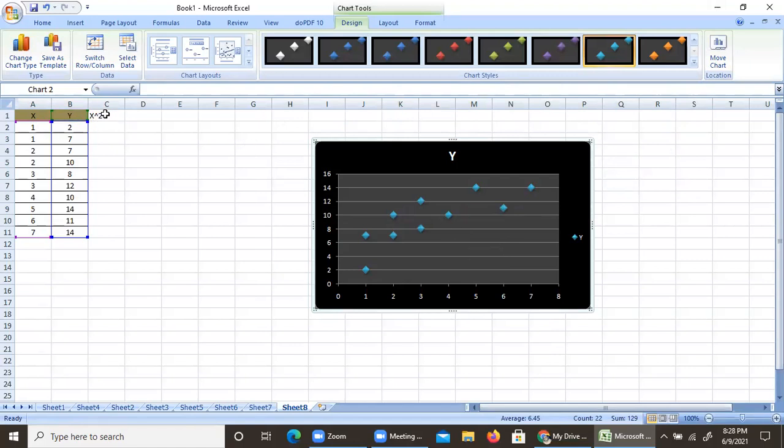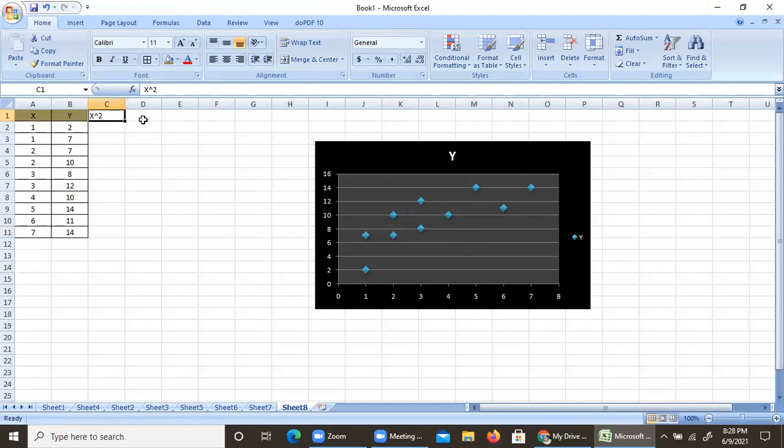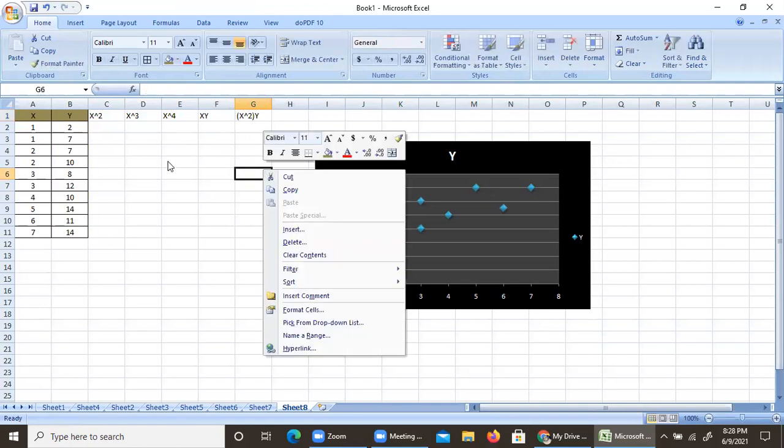So first of all, let us calculate the things which are needed to find the equation manually. These are the columns needed for the purpose: x, x squared, y, x squared y, xy, x4.